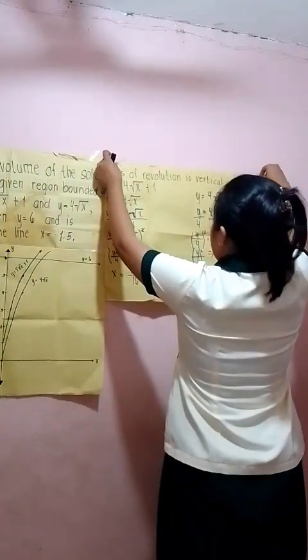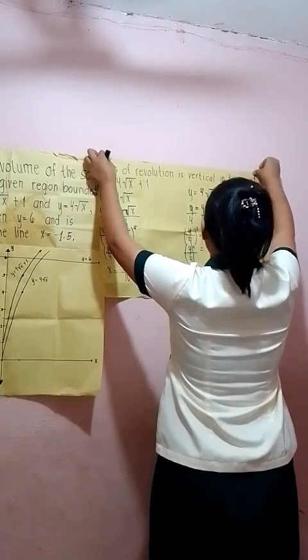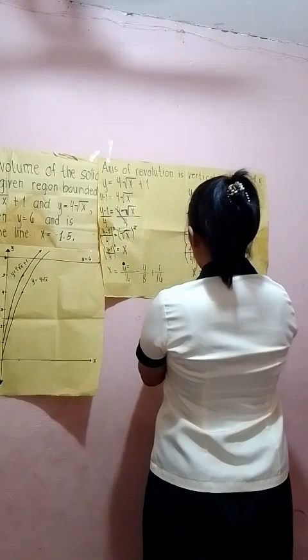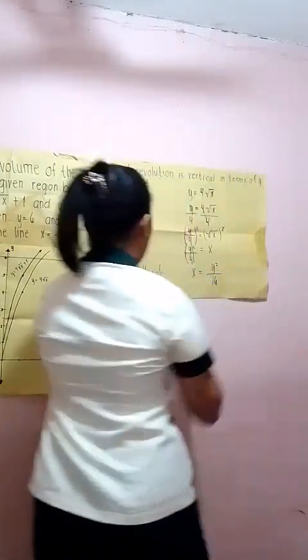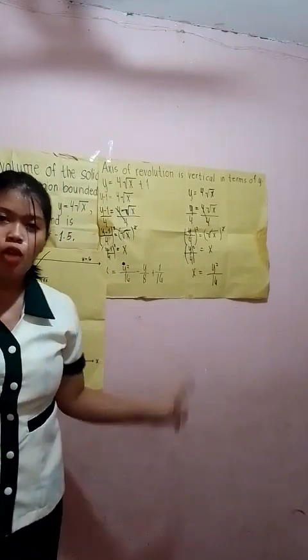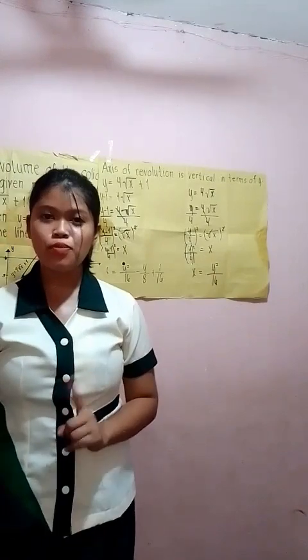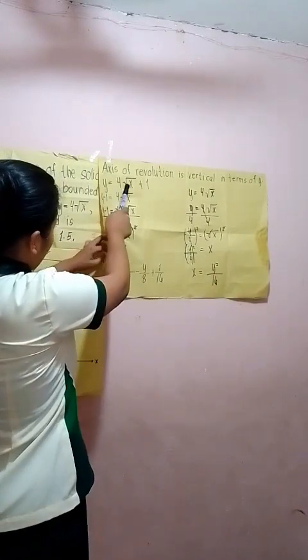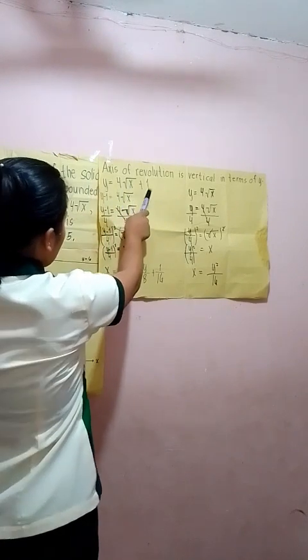Now, since our axis of revolution is vertical, therefore, it will be in terms of y. So each function in the problem will be in terms of y. So the first function is y is equal to 4 times the square root of x plus 1.